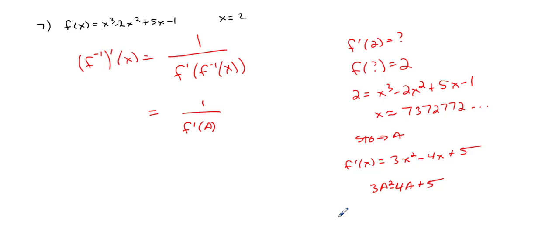Take 1 divided by the second answer, and you got it. And we're storing this value because we do not want to round until the very end. 272 if you're rounding, 271 if you're truncating. Is that right?